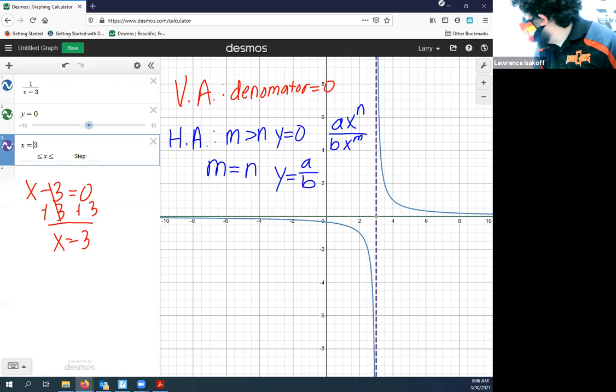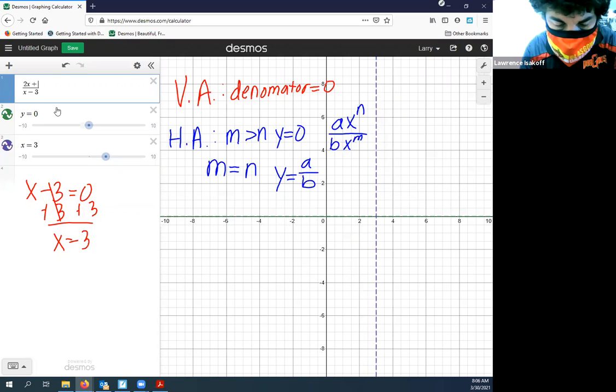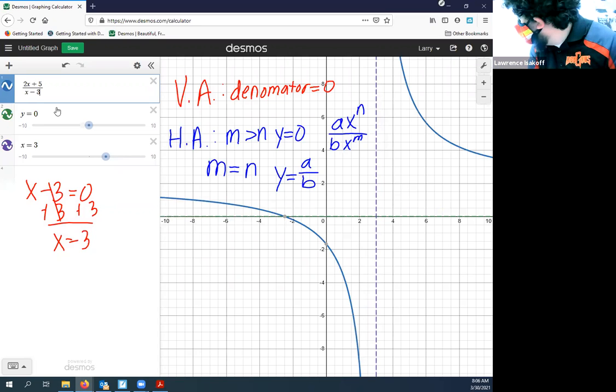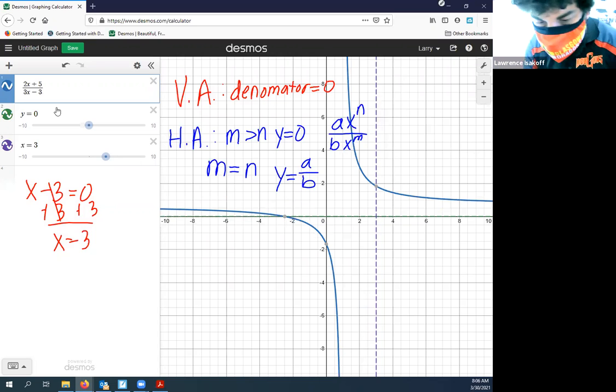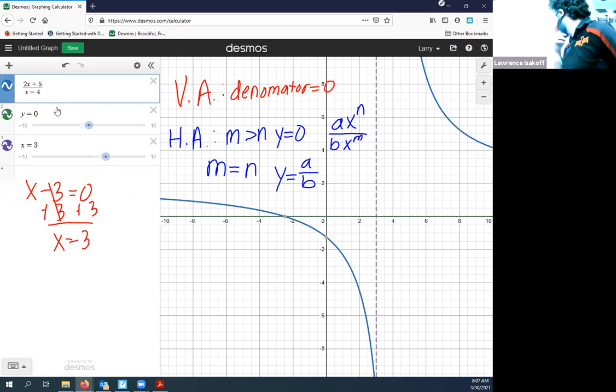I'm going to change this numerator to 2x plus 5 and change the denominator to x minus 4 now.